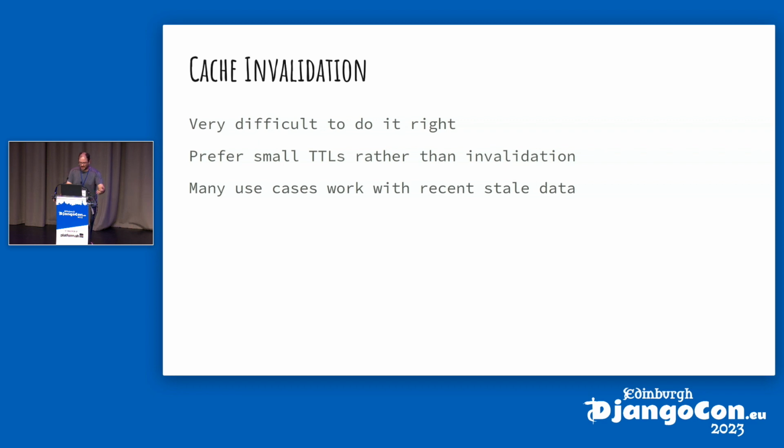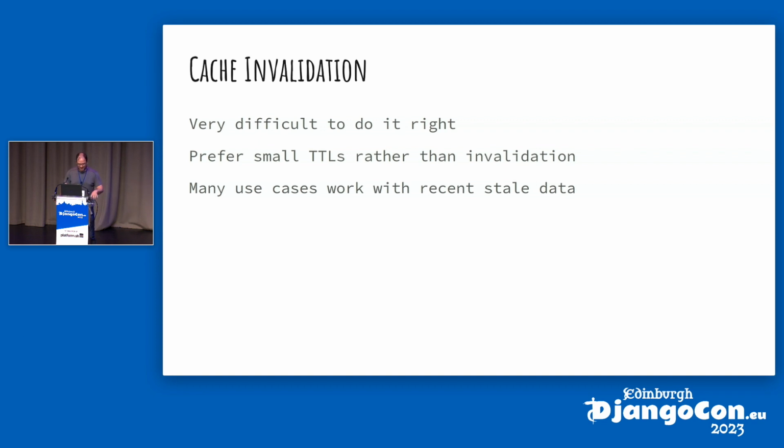You are okay with stale data. But when it matters, it's probably better to have a small time to live for your data than to create magic workflows to invalidate or delete this data from different places.